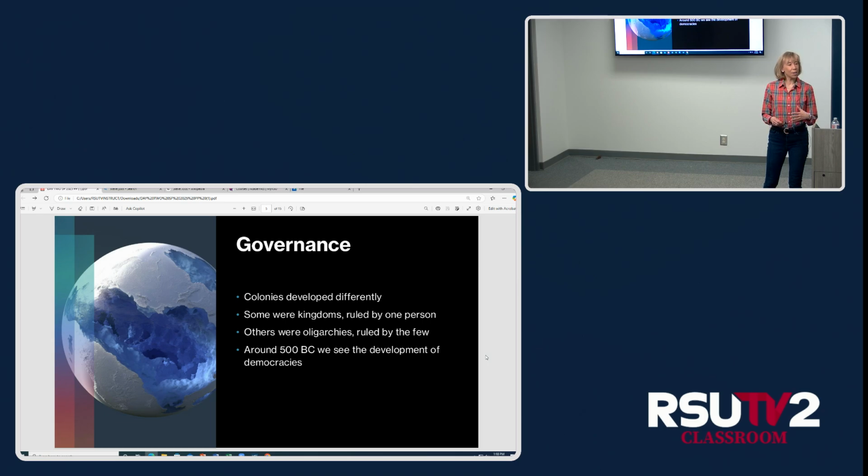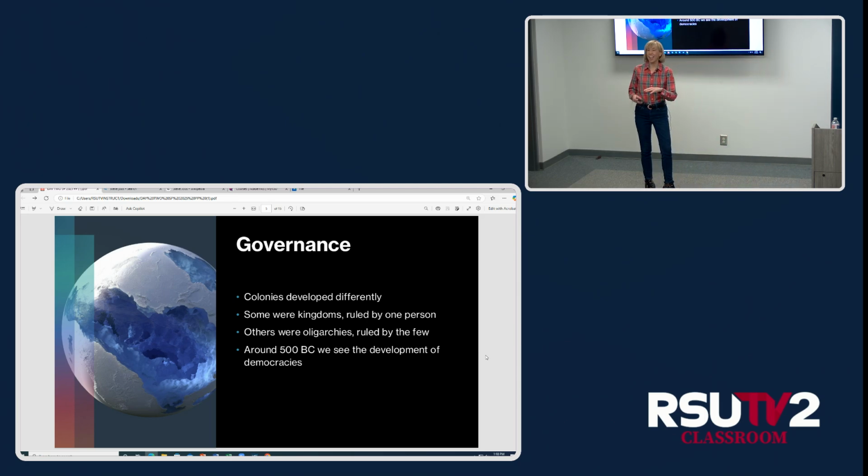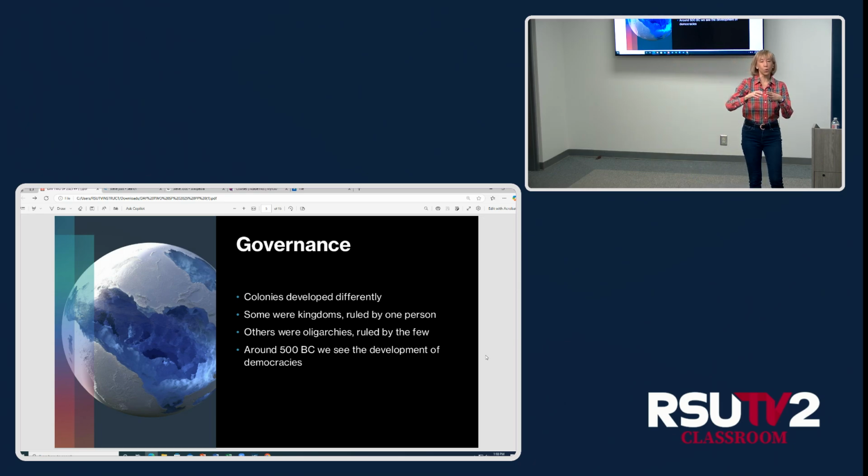The second type of governance was the oligarchy. Okay, and what that means is, in a way, it's kingdom-ish. It is governed by a select few members of society. Okay, so now we've gone from one person having rule over the colony to several people having rule over the colony.